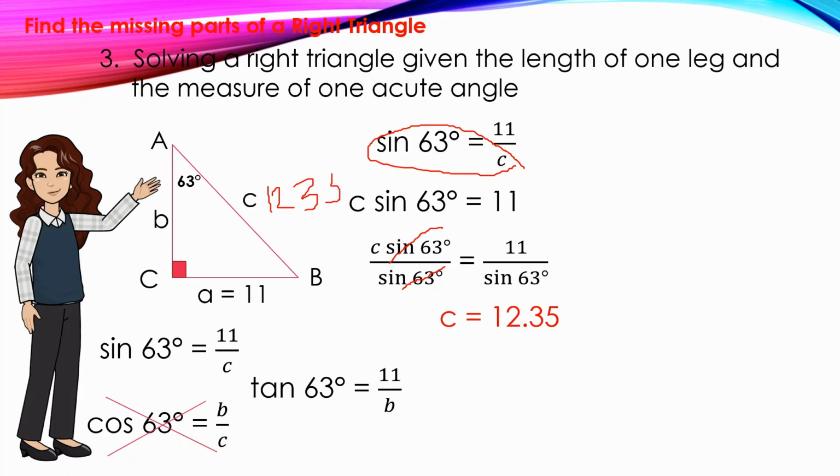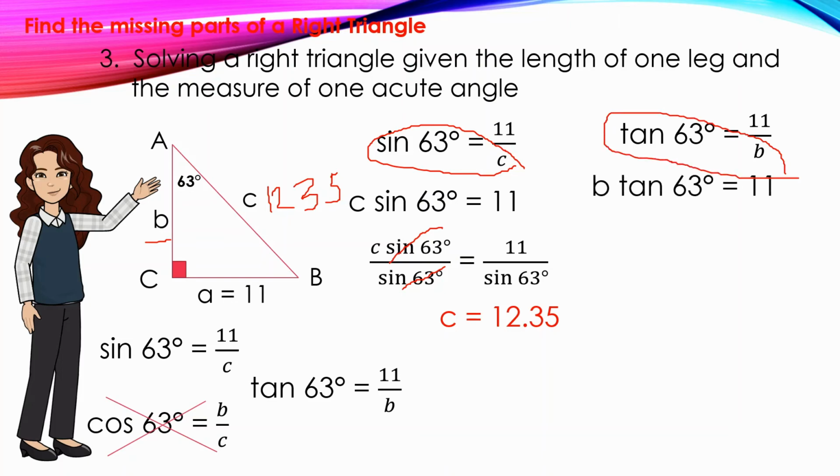Okay. After that, we're going to use the tangent 63 to find the side B. Tangent 63 is equal to 11 over B. So, you need to cross product again. So, we have B tangent 63 is equal to 11. After that, divide by tangent 63. So, cancel the tangent 63.